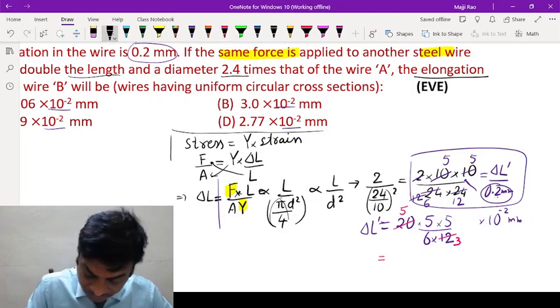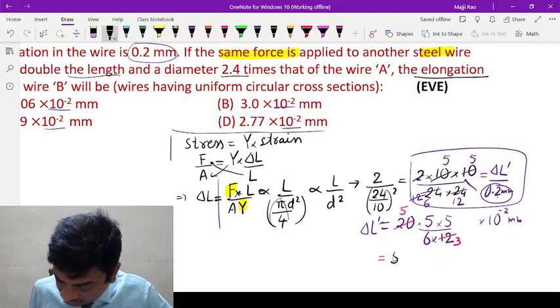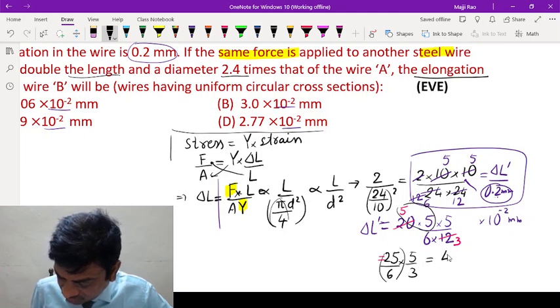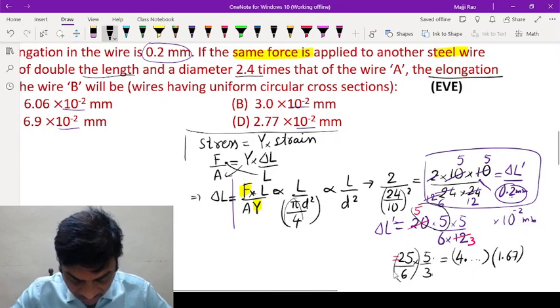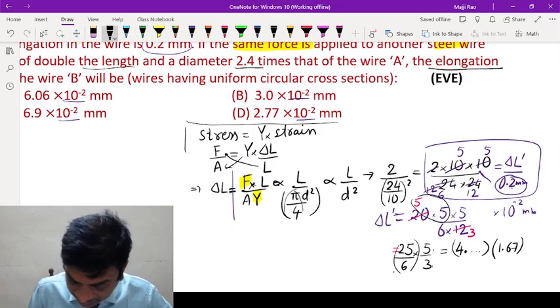So this will be 5 into 5 is 25 upon 6 into 5 by 3. So 25 by 6 is, 6 fours are 24, so 4 point something, and 5 by 3 is 1.67. Right.